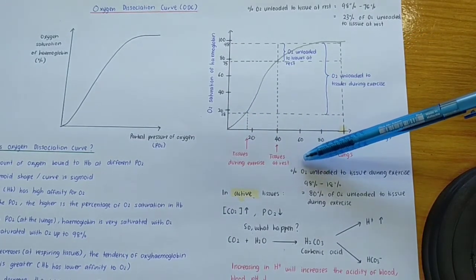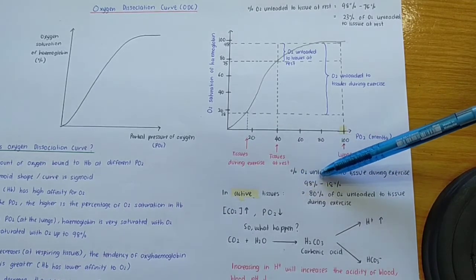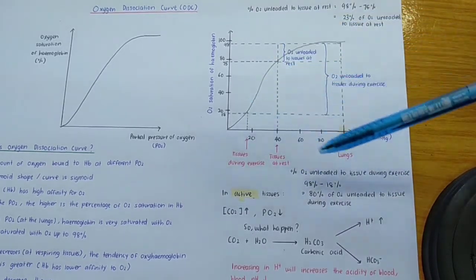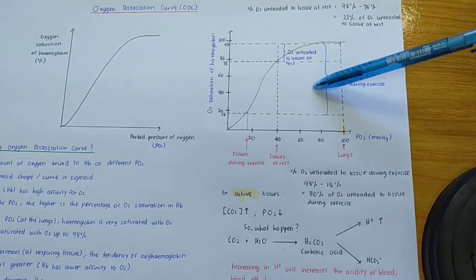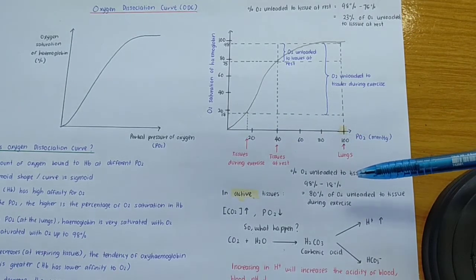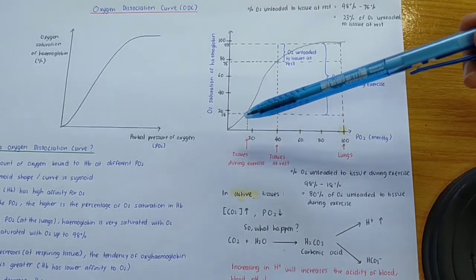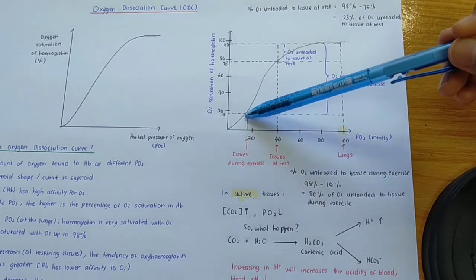So to get the percentage oxygen unloaded to tissues during exercise means 98%, okay, minus 18%. So you will get 80% of oxygen will be unloaded to tissues during exercise. Maksudnya 80% tu adalah sangat banyak lah. Okay, sebab apa? Tissues during exercise, dia punya partial pressure of oxygen adalah rendah.